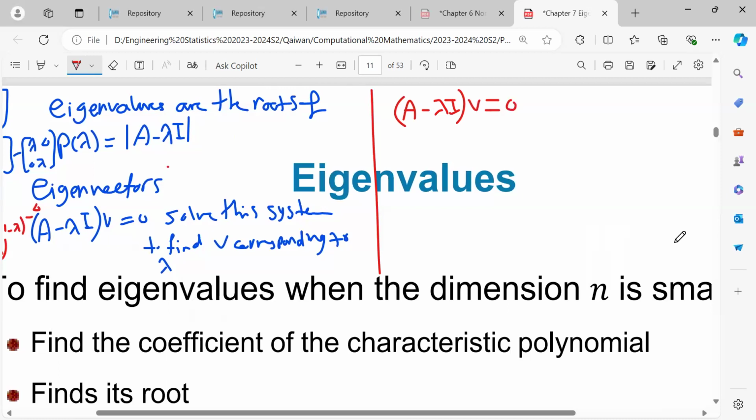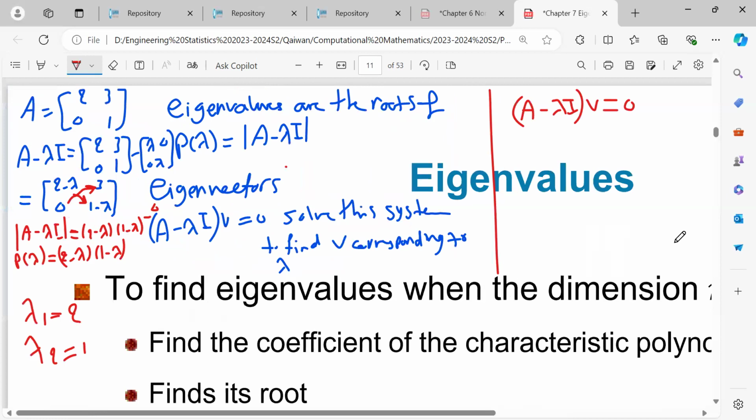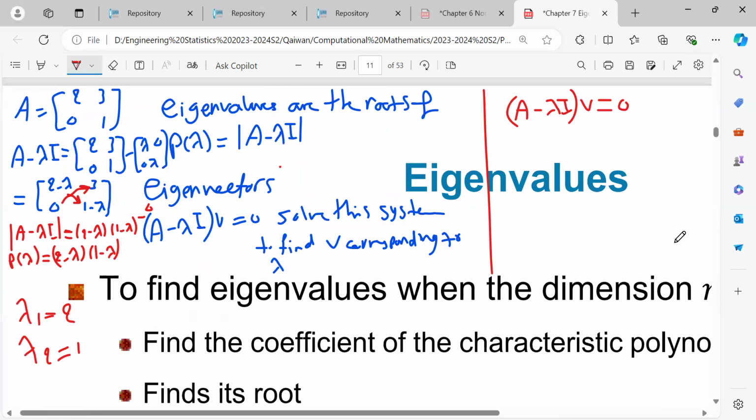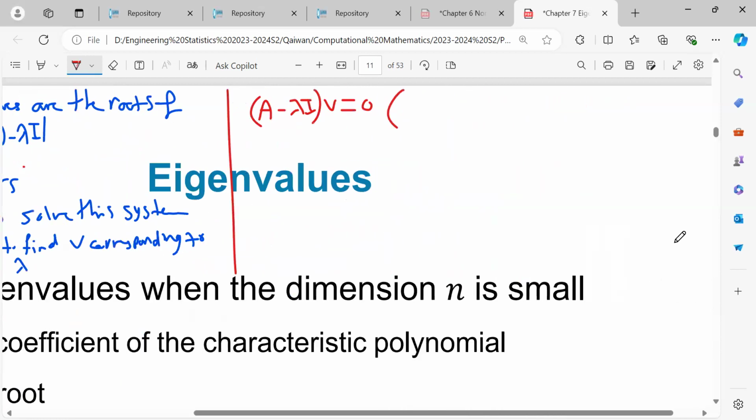This is a homogeneous linear system. Then, what's A? A is given. A is 2301 minus lambda I. Let's find it for lambda 1 and then for lambda 2. We have to do the same procedure for both.